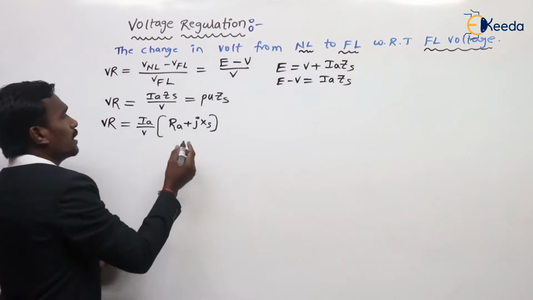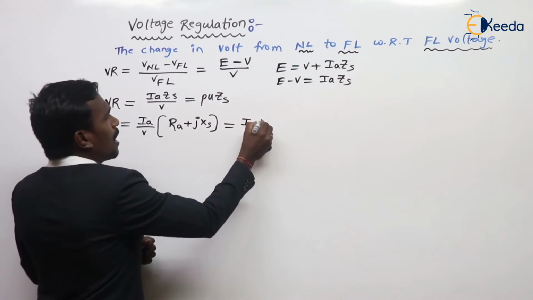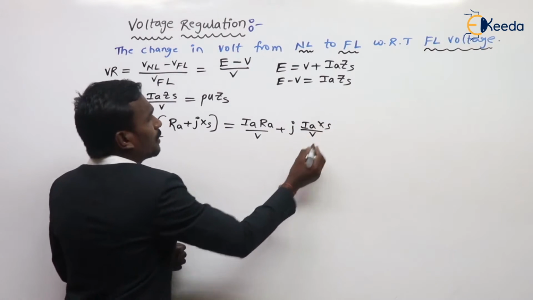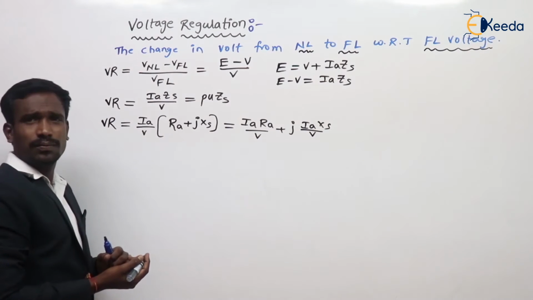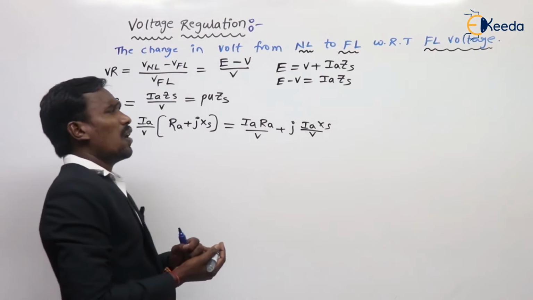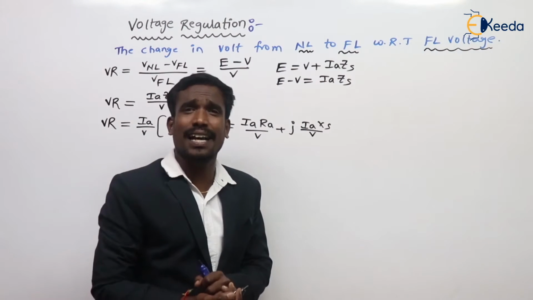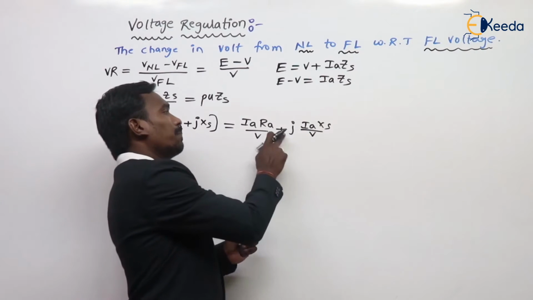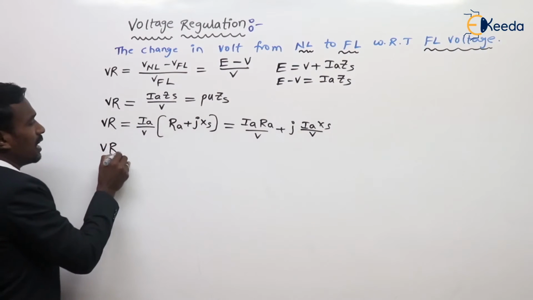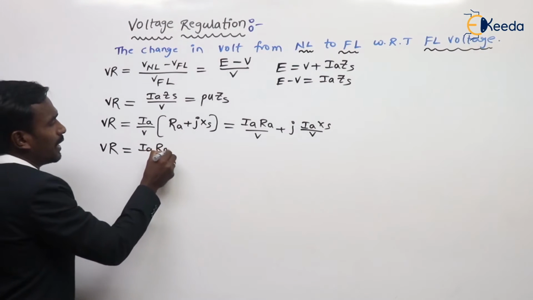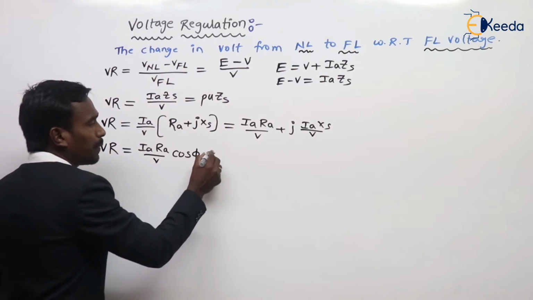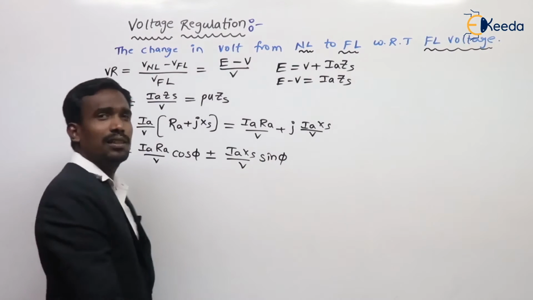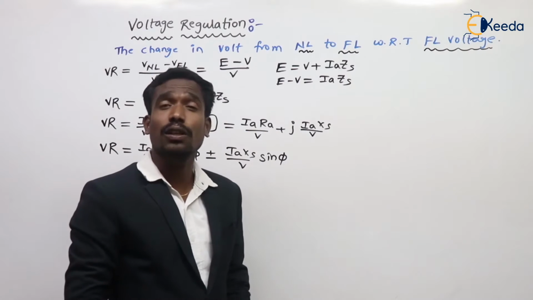So voltage regulation is equal to IARA upon V plus j into IAXS upon V. We can write A plus jB as A cos theta plus or minus B sin theta, that is, IARA upon V of cos phi plus or minus IAXS upon V of sin phi. This is the voltage regulation formula.